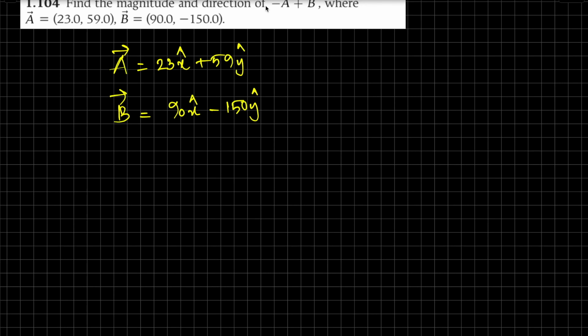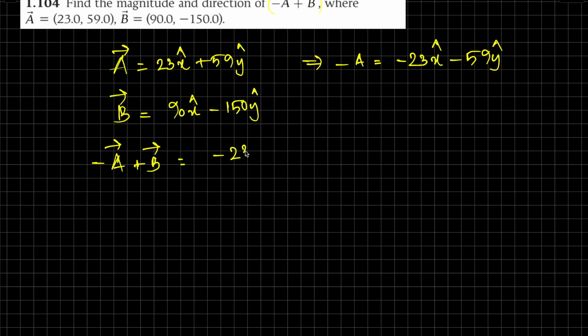We need to find the magnitude and direction of vector minus A plus B. This is A, so what will be minus A then? Multiply with negative 1, that will be minus 23x cap minus 59y cap.